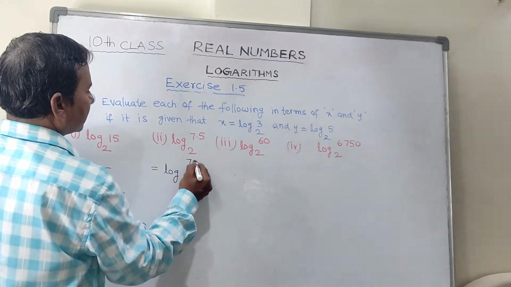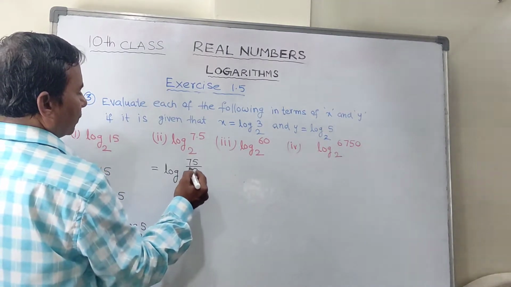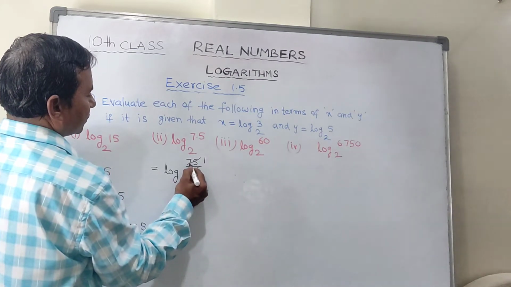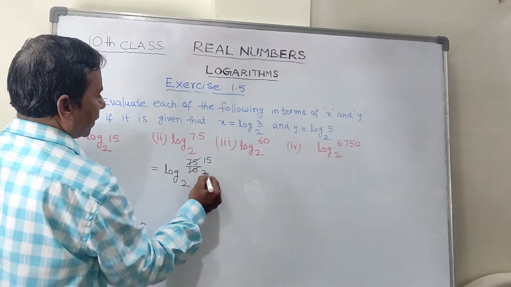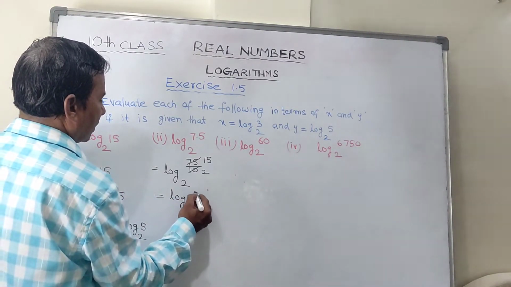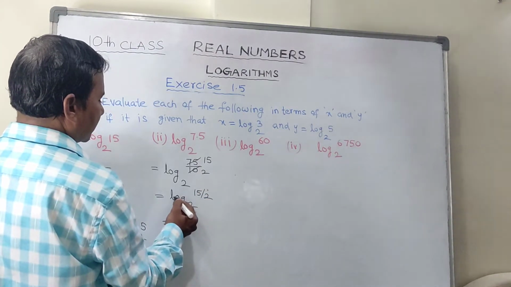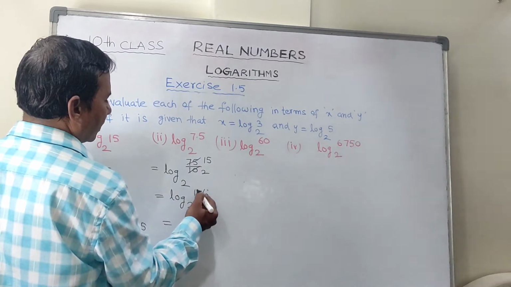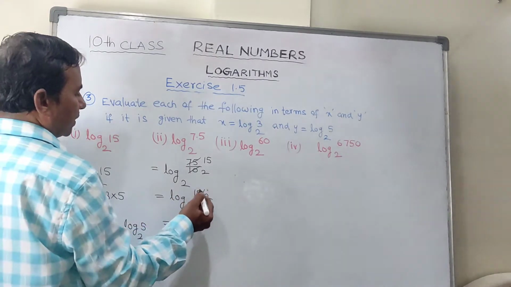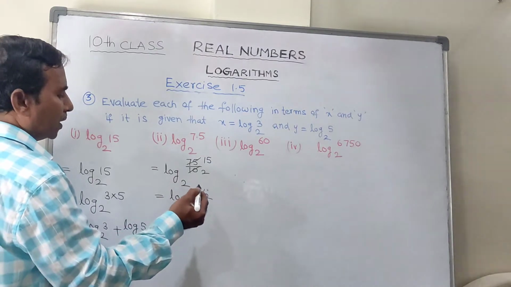7.5 we can write as 75 by 10 to the base 2. If you simplify it, 5 ones, 5 5s are 25, 5 2s are 10. So this we can rewrite as log 15 by 2 to the base 2. It is like the formula log a power m by n, which equals log m to the base a minus log n to the base a.